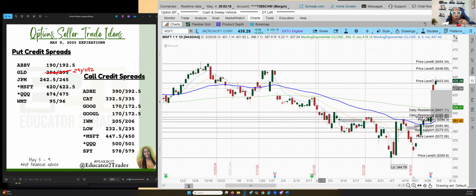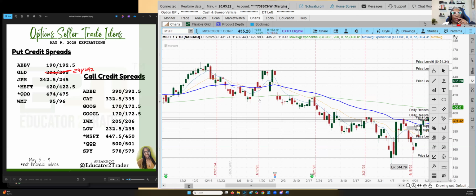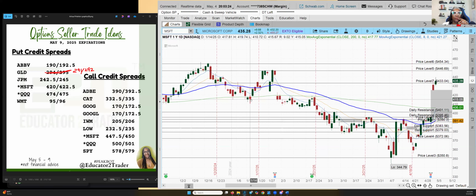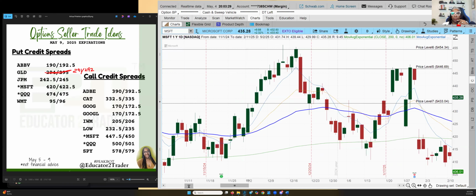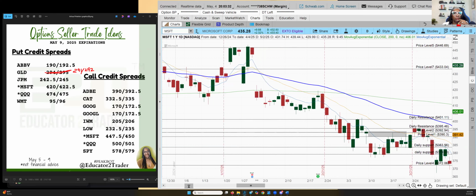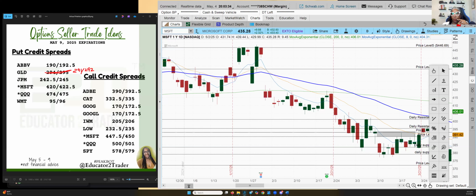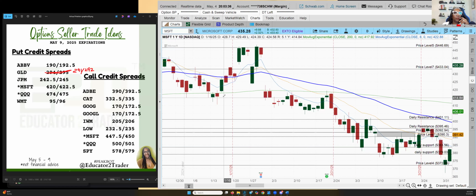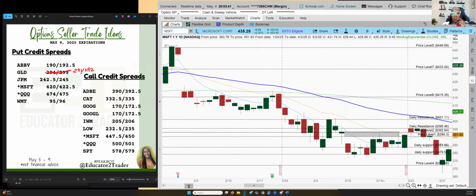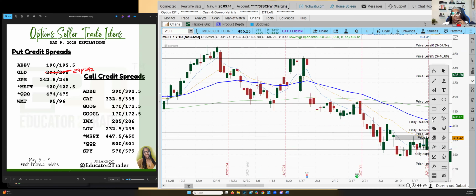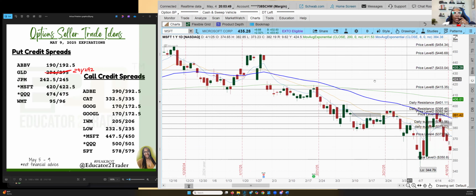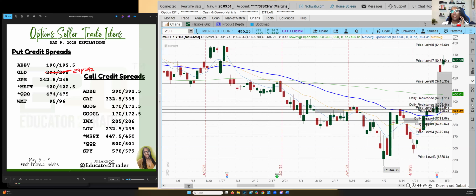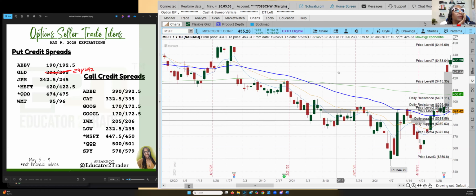And as far as support goes, looking back here, we've got support at 415. Support in this 415 area. If you're not sure how to see support and resistance, change it to a line chart so that way you can see. 415 is one.